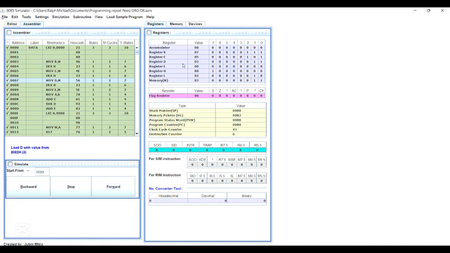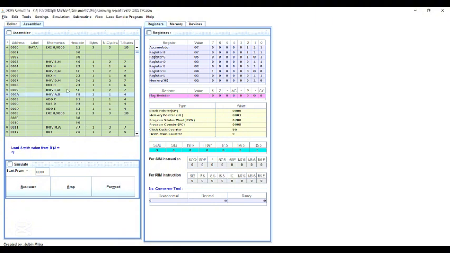Then next is increment HL plus 1 again, and it will become 8003H. Then next is move the value at 8003H into register E, which is 2. As you can see here, there is a value of 2.